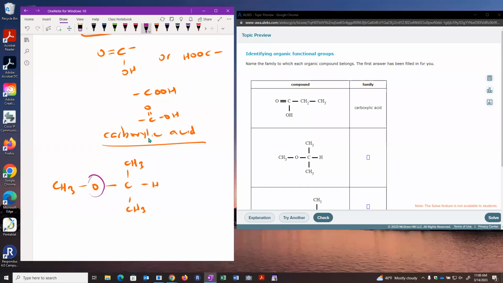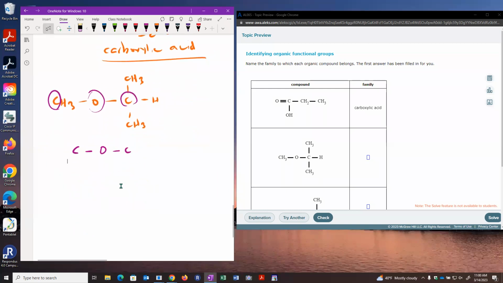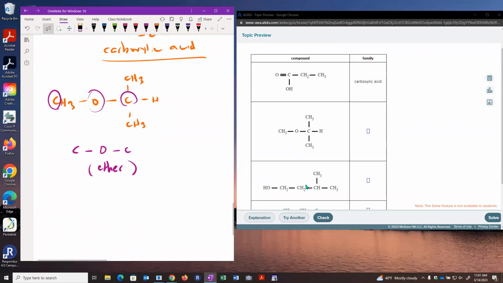There's an O, and when this O is between two carbons, like this, that tells us that this belongs to the family of ethers, or an ether would be this functional group. Okay, so as you go through that video, it'll show you the different families or functional groups that you can use to identify what they belong to.